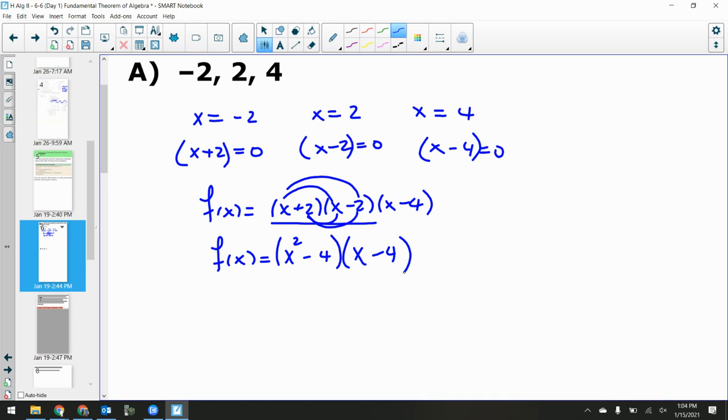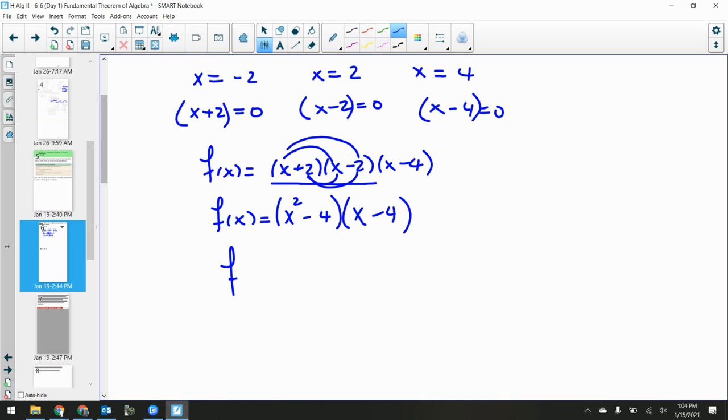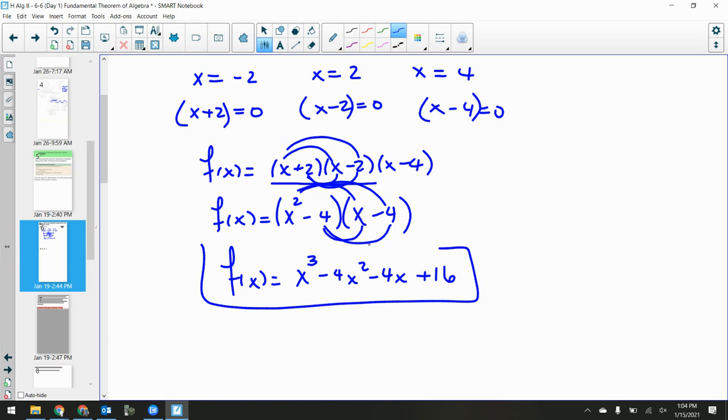And now we FOIL this piece here. f of x is equal to, we got x squared times x is x cubed, x squared times -4, -4 times x, -4 times -4. And that's the simplest polynomial that has those 3 roots.